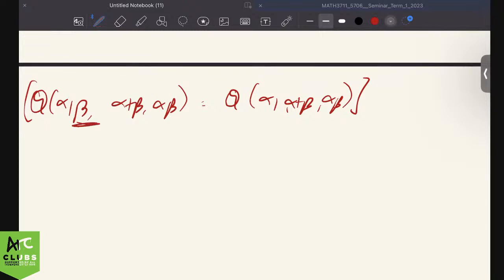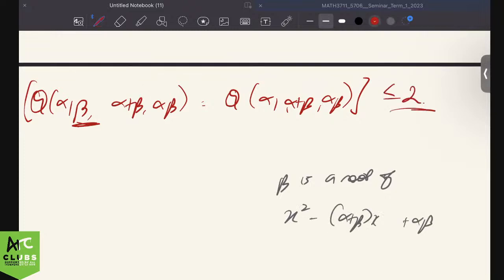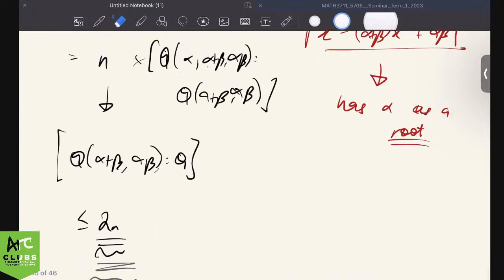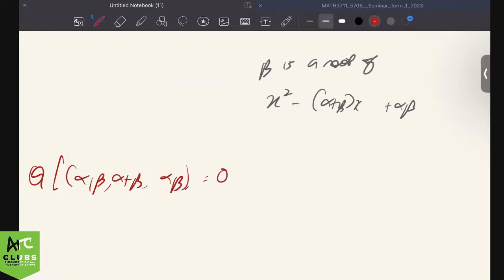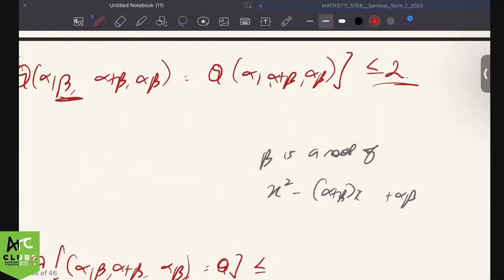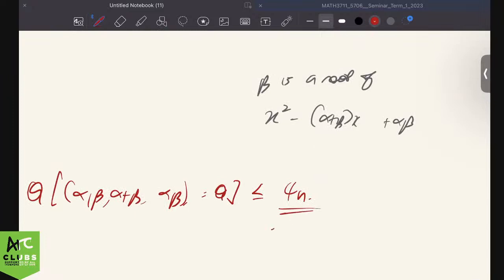Like beta is a root of x squared minus alpha plus beta x plus alpha beta, which means that this is going to be less than or equal to 2, because we've already found one polynomial with degree 2 that satisfies this. So what that means is that this entire extension is less than or equal to 4n, okay?